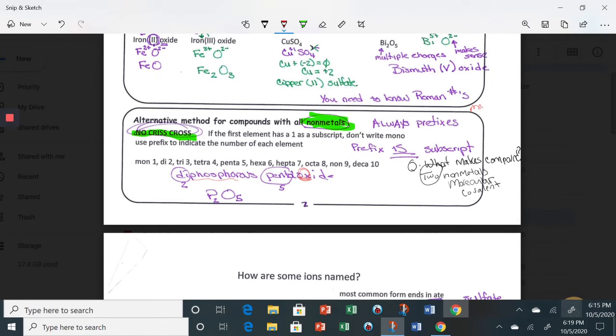I have to be careful not to touch the buttons on my pen. Di is 2. Tri is 3. Think about math: triangle, tetrahedron, pentagon, hexagon, septagon.